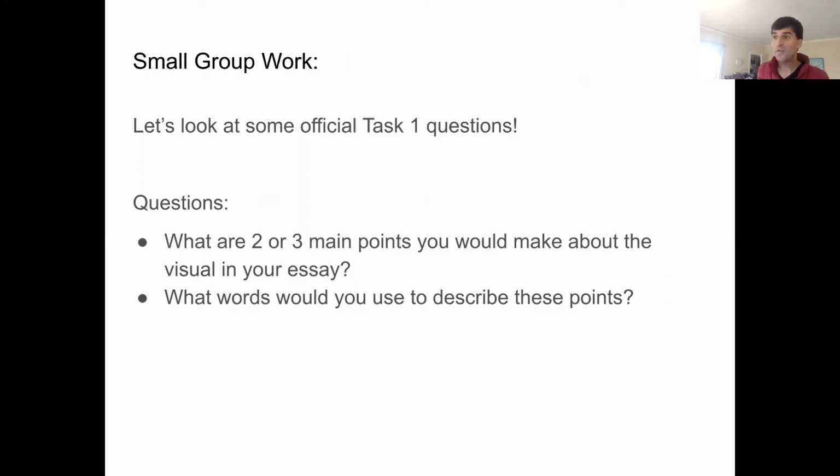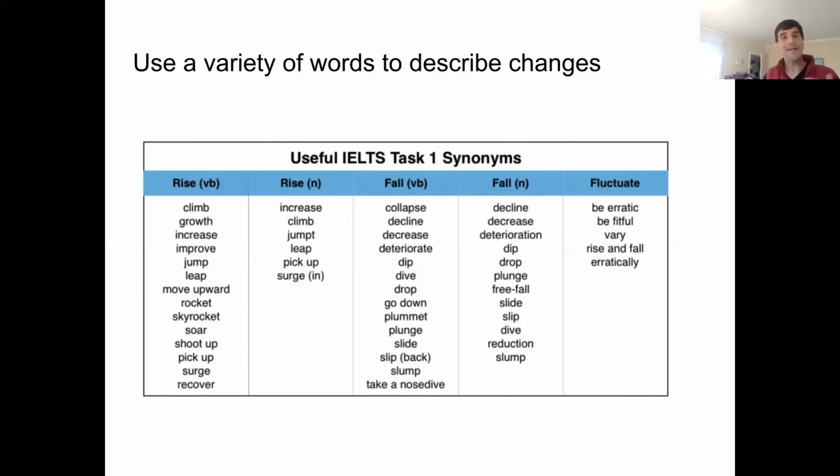Okay, so I'll stay here. I've said a lot, and so far we've just been looking at these resources and giving you ideas about how you should be preparing and practicing for these task one essays, where you're building your vocabulary and using resources like these two that I've shared so far.